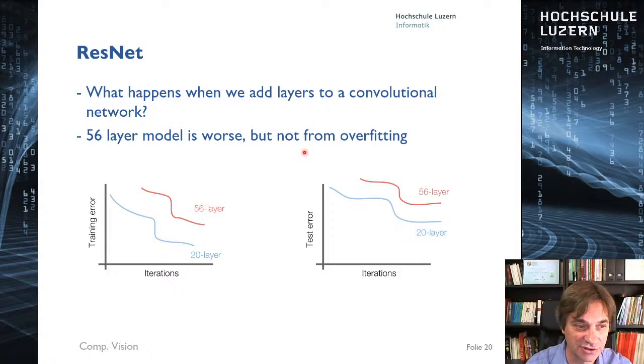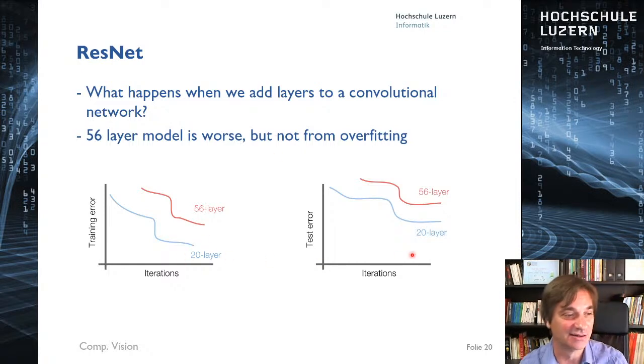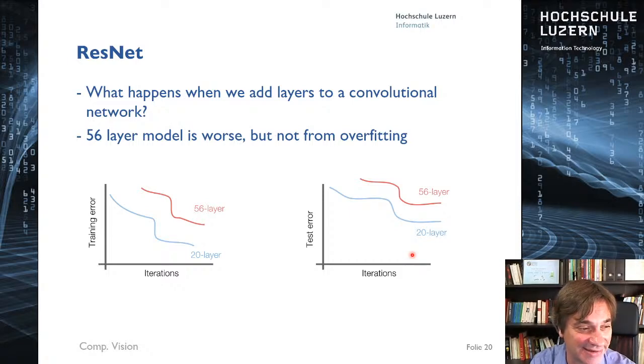And it's not from overfitting, it's worse on the training and even worse on the test data set. So there must be something else. So what was the problem to not be able to make the network deeper?